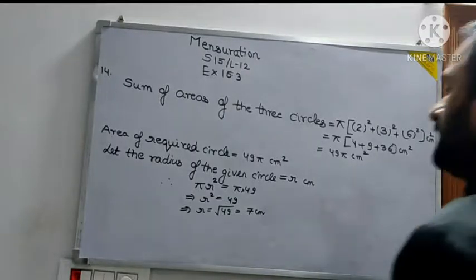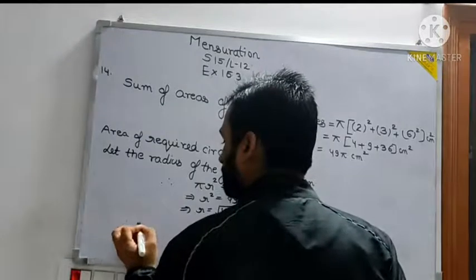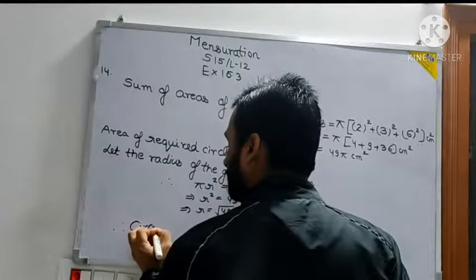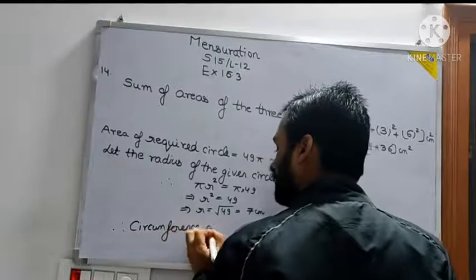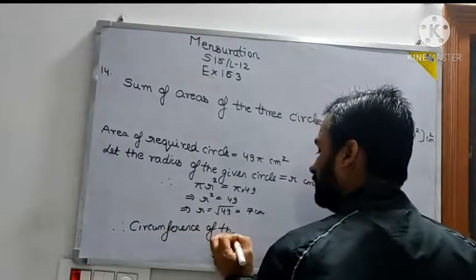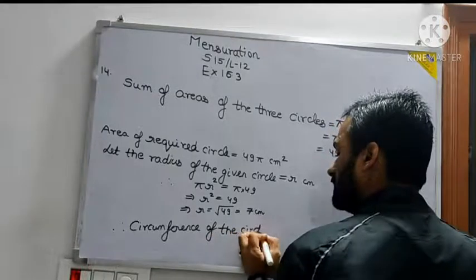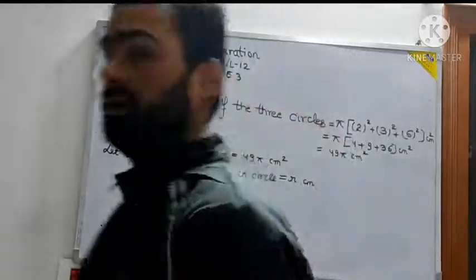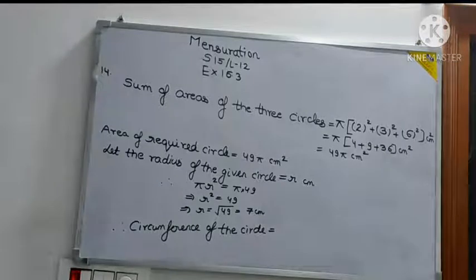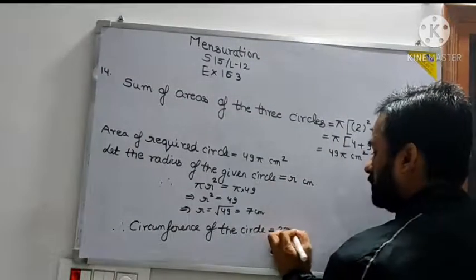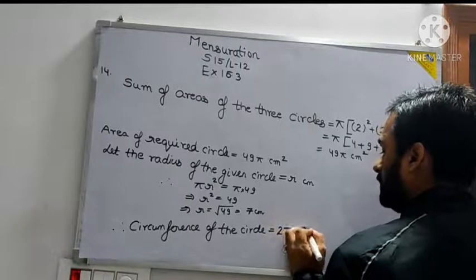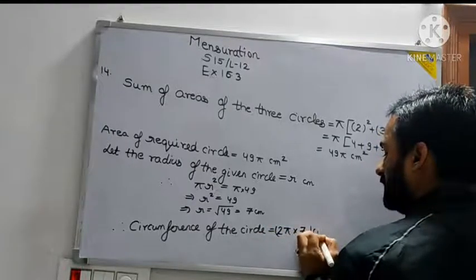So now finding the circumference of the circle. Only one formula we use for circumference. What is that? It is 2 pi r or pi d. So 2 into pi into 7 centimeter.